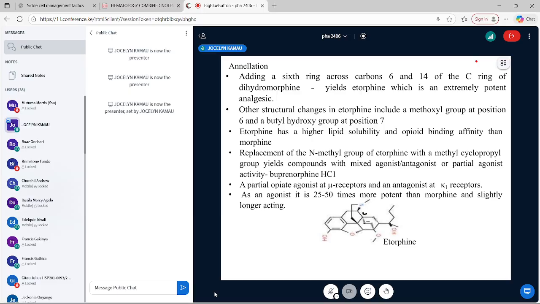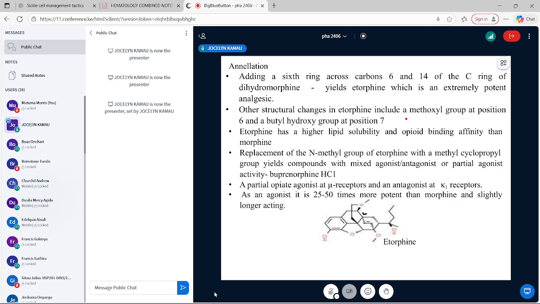So we are therefore saying that the changes that we bring in are not just peripheral. We can also do annulation of ring C and appropriate changes, and we get these compounds, the name I had forgotten is oripavine. We get the oripavine derivatives with increase in activity.